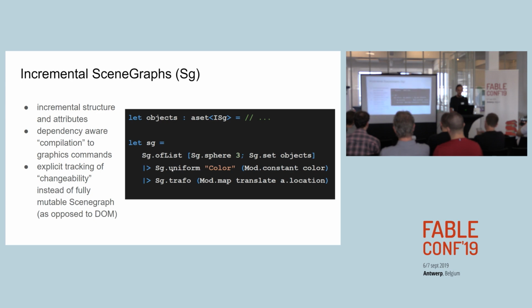We have attributes in our scene graph, which are basically similar to style properties in HTML or something. We can always fill in constants, and we can also fill in dynamic computations that depend on other things. We opted for explicitly tracking where changeable things are and where not, as opposed to the classical HTML DOM tree, which basically allows you to modify anything using JavaScript later on.